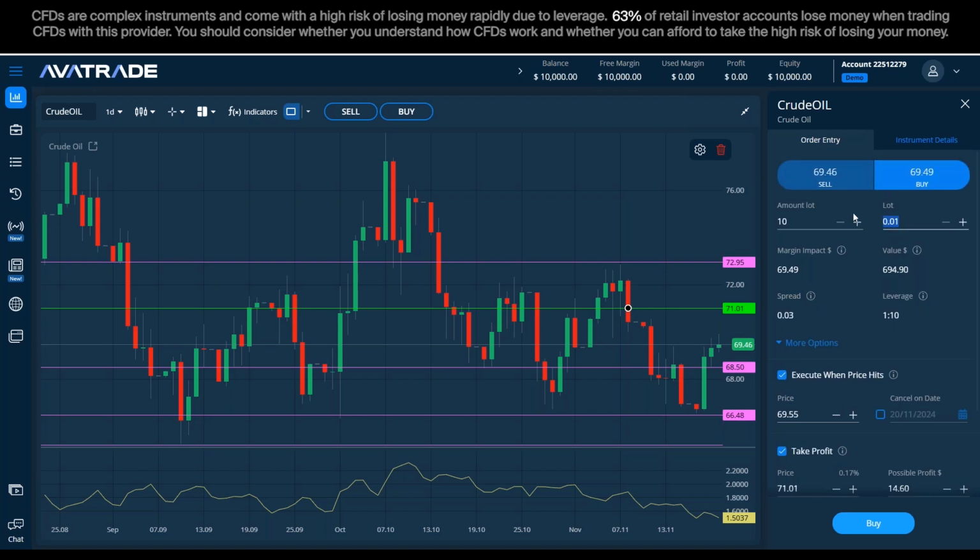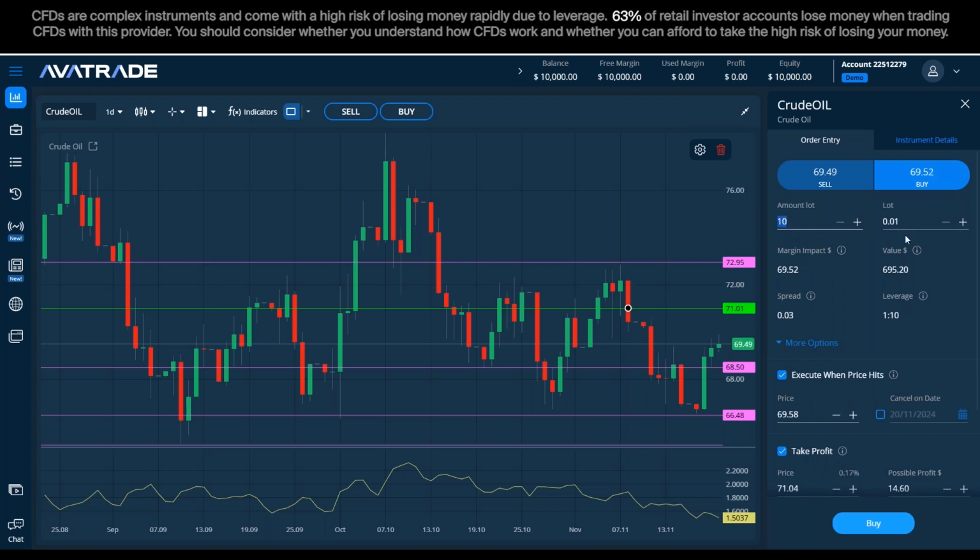That's because when we're trading oil, let's say one lot has 1,000 barrels. One lot has 1,000 units, 1,000 barrels of oil. 10% of a lot has 100. Okay, again, 10% of 1,000, 100. 1% of 1,000 is 10.